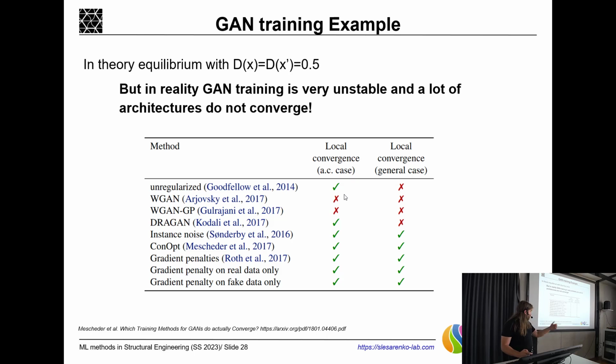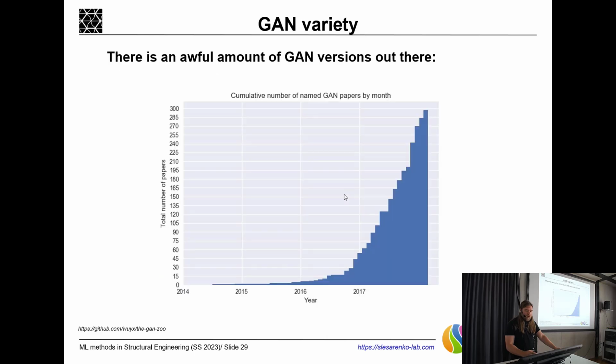And from this you can kind of see there are a ton of different GAN architectures out there, which all have very interesting names.